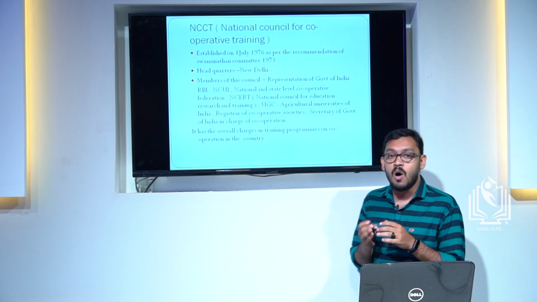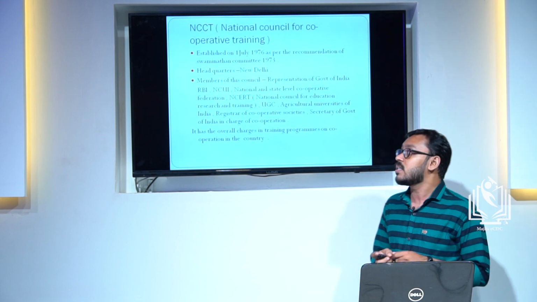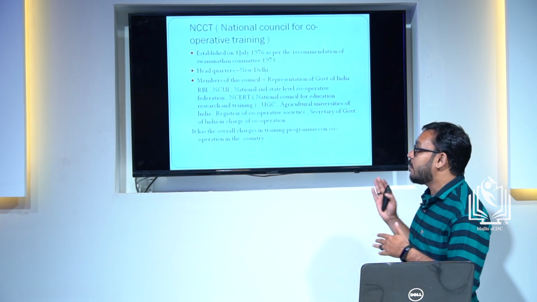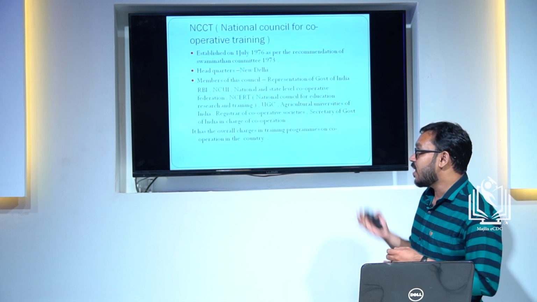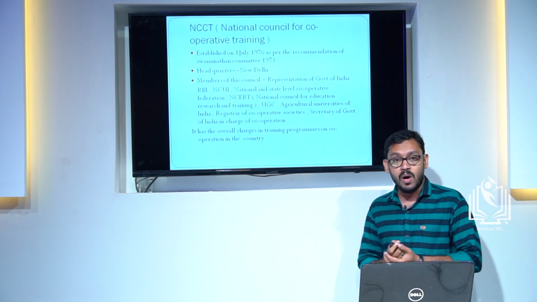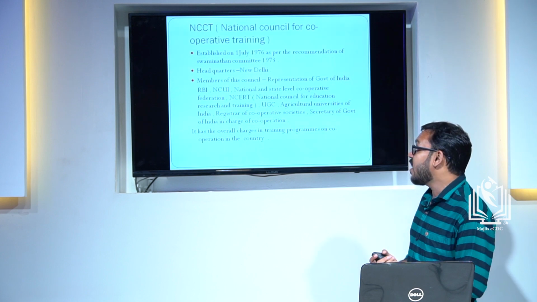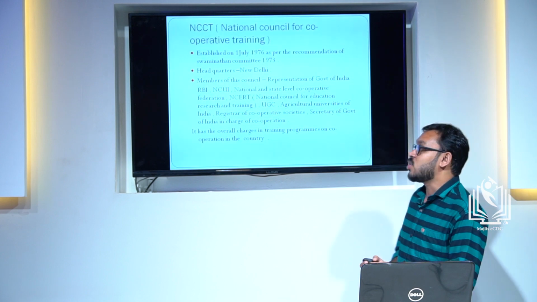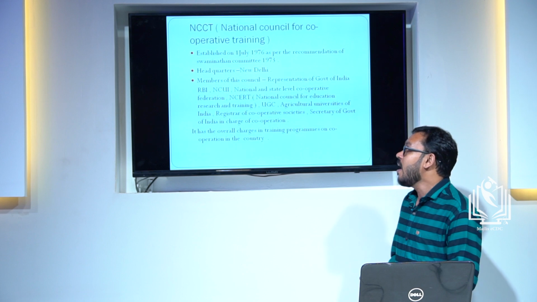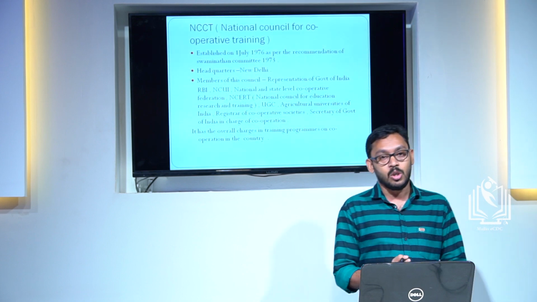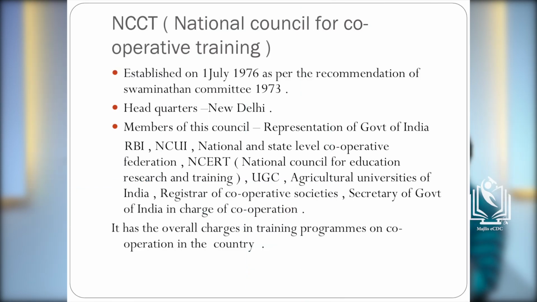The members of this council include representatives of Government of India, RBI, that means Reserve Bank of India, NCUI, National Cooperative Union of India, NCERT, National Council for Education, Research and Training, UGC, University Grants Commission, the Agricultural Universities of India, Registrars of Cooperative Societies, and the Secretary of Government of India in charge of cooperation.